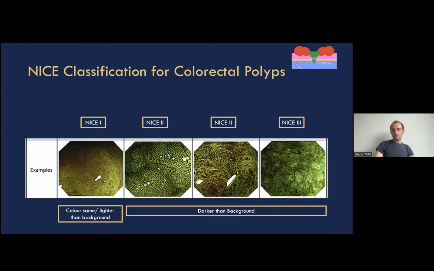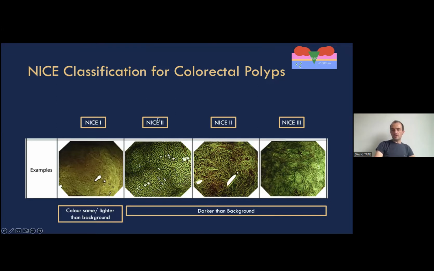So you all know, hopefully, the NICE classification, but if you don't, NICE 1 is using virtual chromoendoscopy, narrowband imaging, BLI, FICE, any of the different provider algorithms. NICE 1 is lighter than the background, as you can see here.